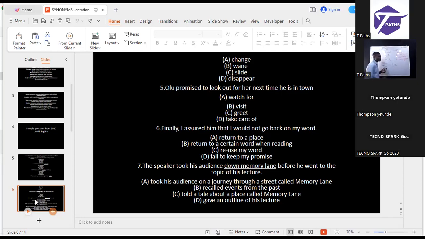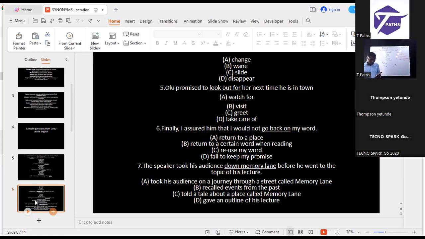A, return to a place. B, return to a certain word when reading. C, reuse my word. And D, fail to keep my promise. Which is your answer? I will not fail to keep my promise. That's what go back on means.